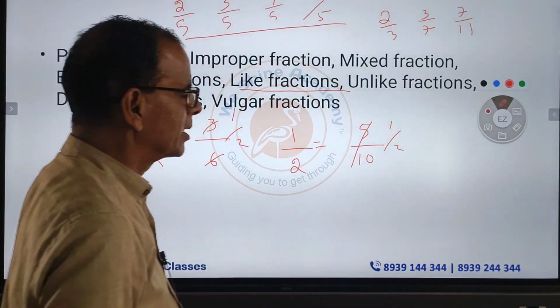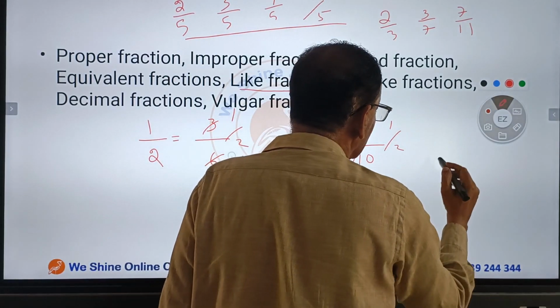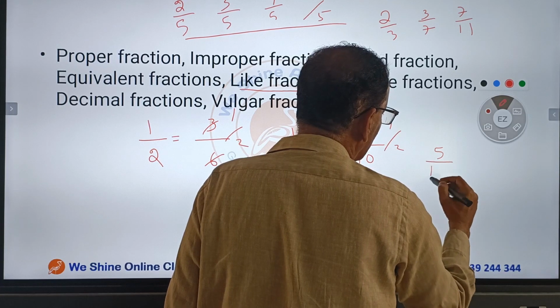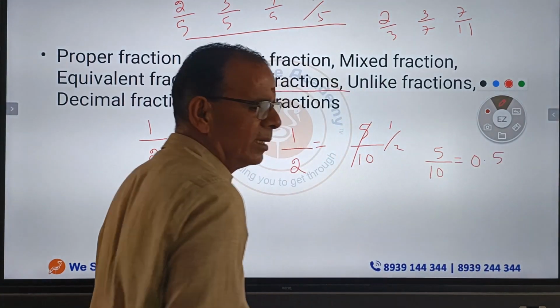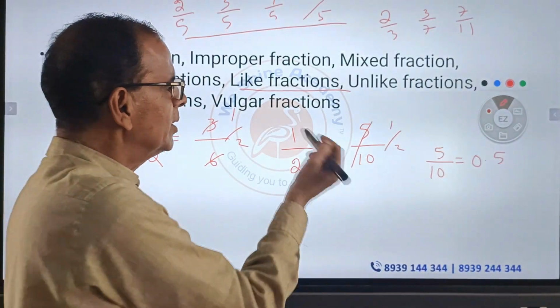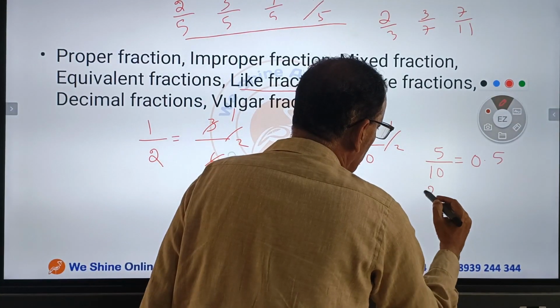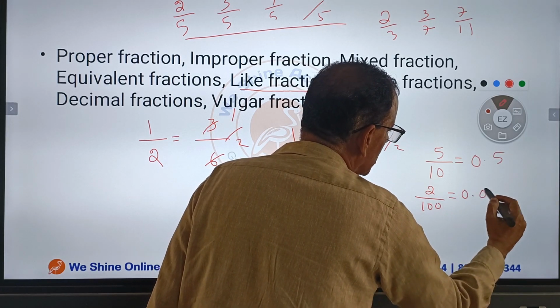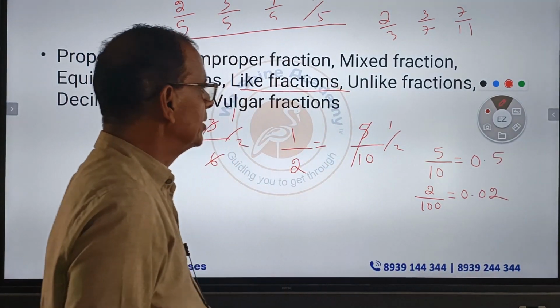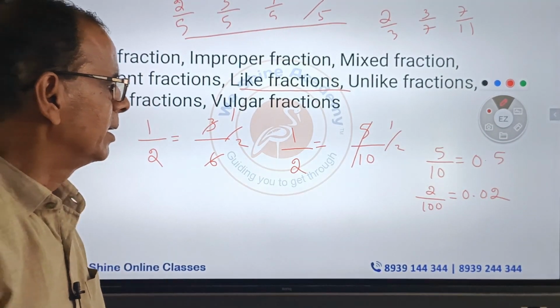Decimal fractions. What do you mean by decimal? Decimal is based on tens, 5 by 10. How can I write it? I can write it as 0.5. That is a decimal. Suppose 2 by 100. How will I write? 0.02. This is a decimal fraction.